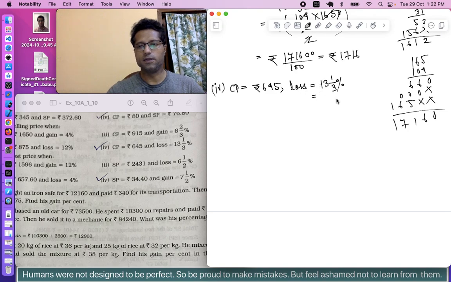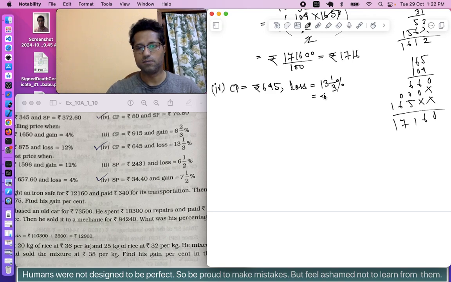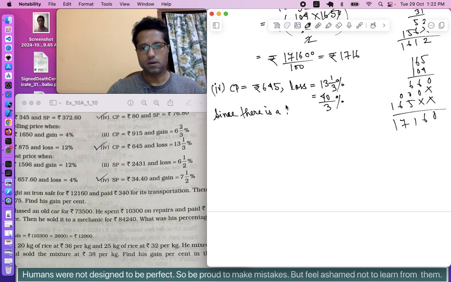Now 13 and 1/3 percentage is a mixed fraction. You have to convert it into an improper fraction. So this becomes 40 by 3 percentage. Since there is a loss, this implies selling price will be less than cost price.